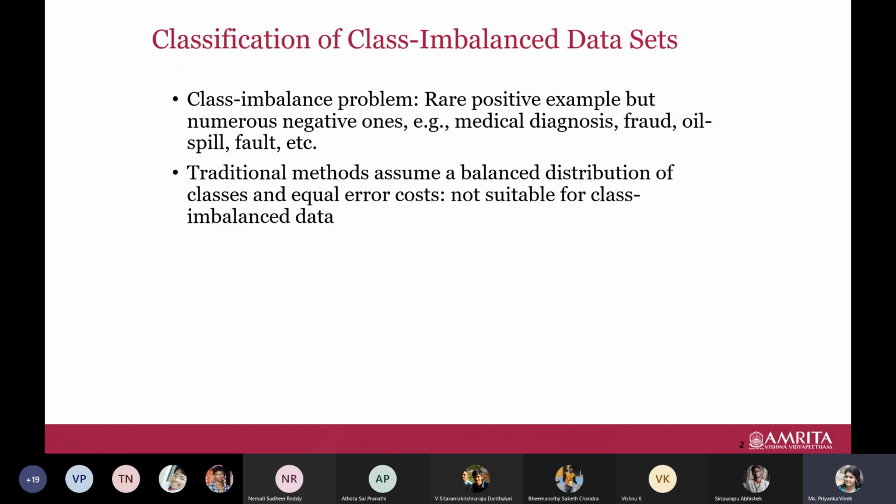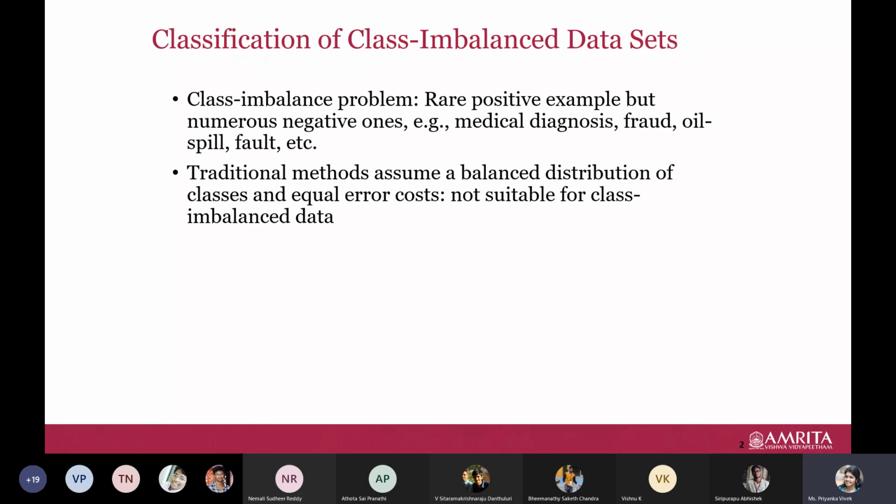If you're collecting data over so many days, you might get only very few data where there was an attack or something. So then we say it is a class imbalance problem. In the slide it is put positive, negative. Don't bother with that. There is nothing like positive, negative, etc. One class is very rare and the other class would have a large number of samples. So there is an imbalance in the class. Okay, so that is our class imbalance problem.